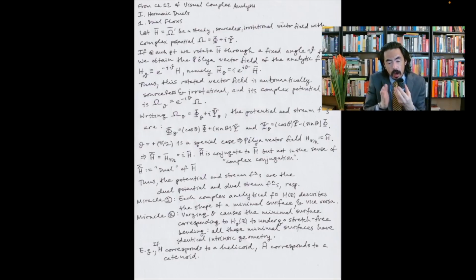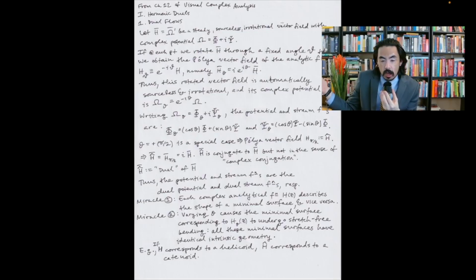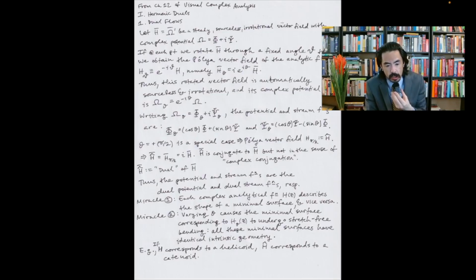And so the conjugate, as a result of doing that, is going to be orthogonal to your original. That's why we have the distinction of theta being positive pi over 2. Because that whole capital H with the wedge over bar, in addition to another over bar, being eventually equal to i times capital H over bar, that's not what I just said is the technical definition of complex conjugation, where you just negate the imaginary part.